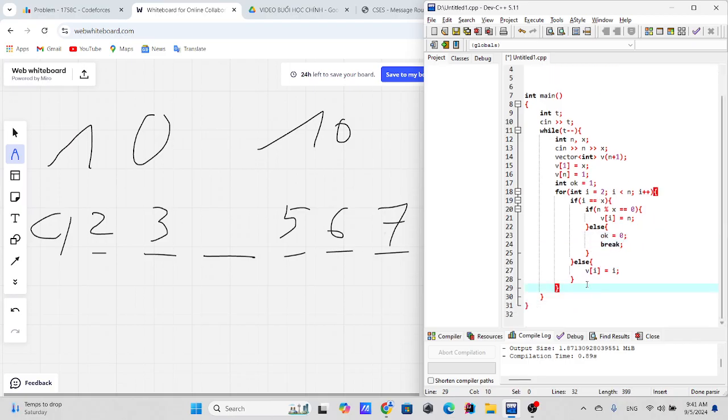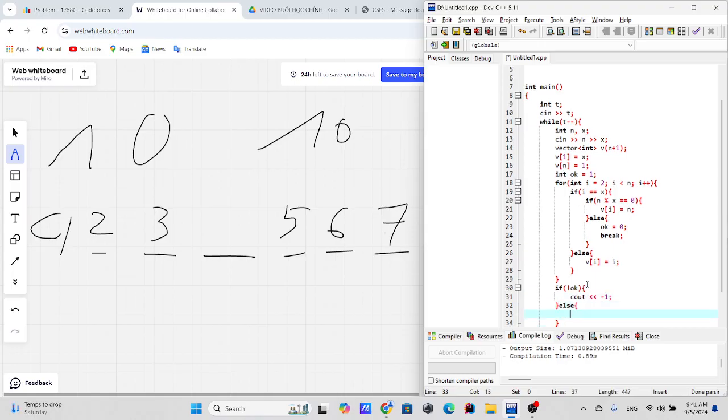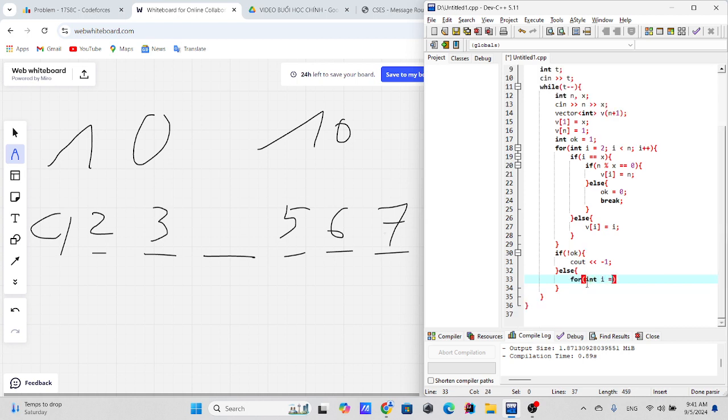I'm not sure if this is correct, but I hope so. It doesn't seem really correct, so never mind. Let's just try to do it.